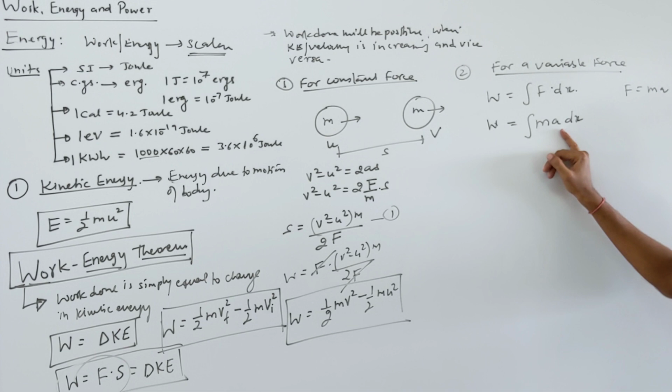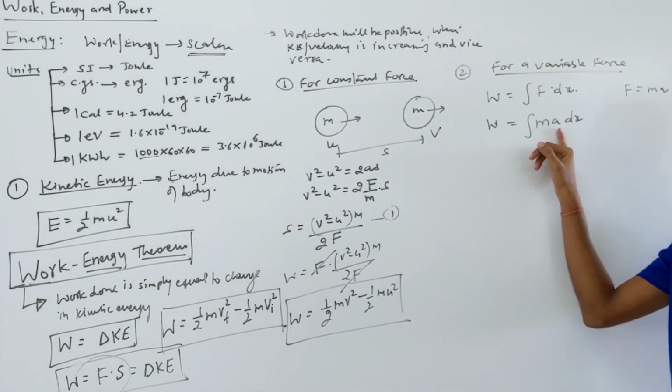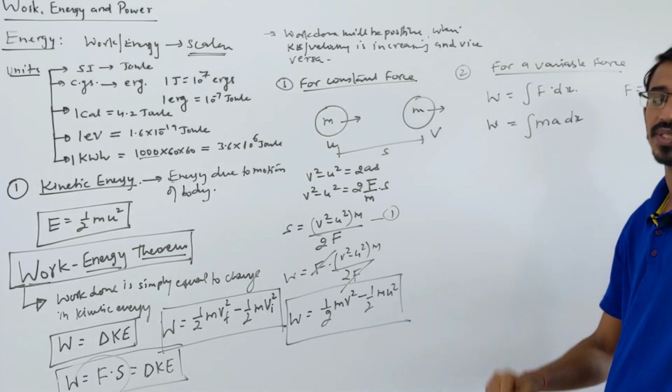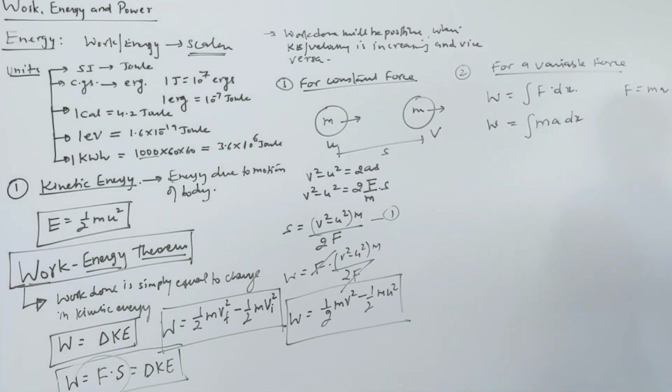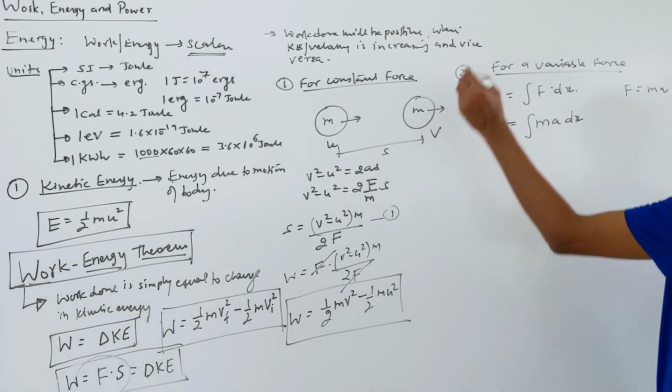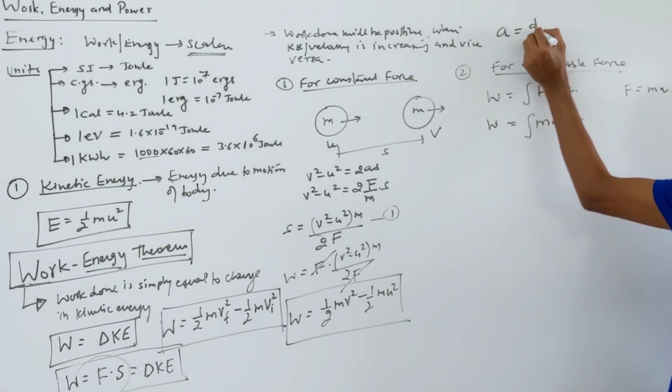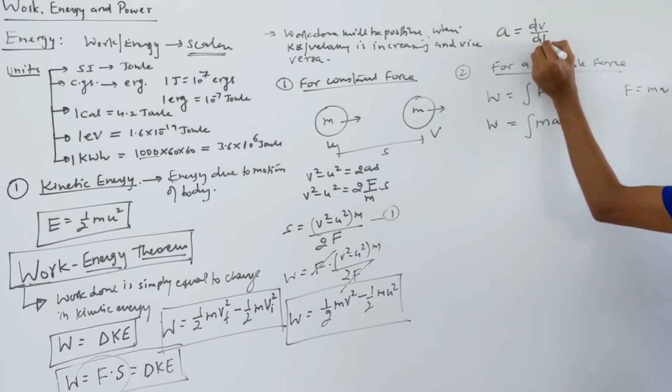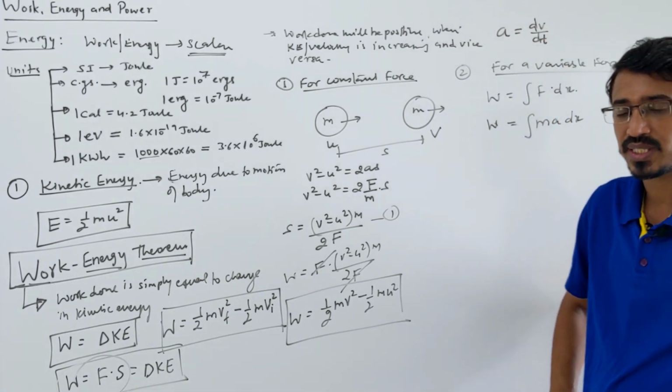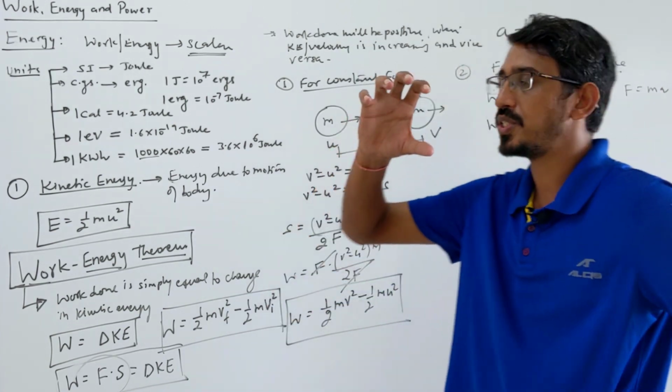Let's write this a in terms of dx and velocity. I need the answer in terms of velocity. This is a very important point which you use everywhere. Acceleration can be written as dv by dt, the rate of change of velocity. That is differentiation in terms of velocity.